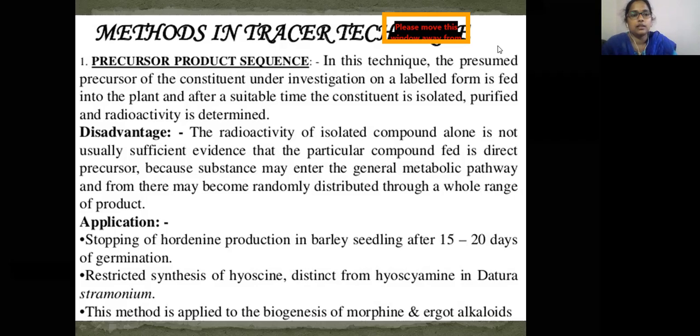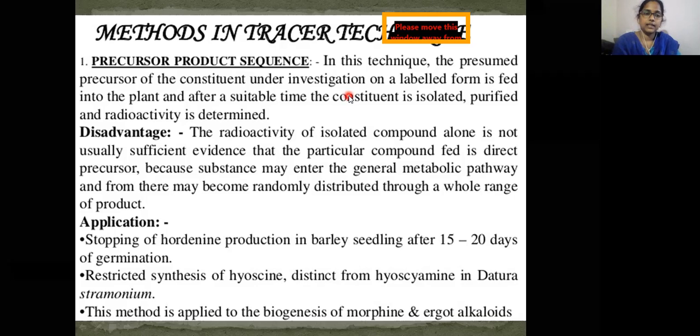Now we have to insert this radio labeled precursor into the plant, and after a suitable time the constituents are isolated and purified, and then you have to check the radioactivity. This includes all the steps which we have discussed right now. Same steps: first select the radioisotope and then select the precursor, introduce the radioisotope into the precursor, and then introduce this radio labeled compound into the plant and leave the plant for a suitable time.